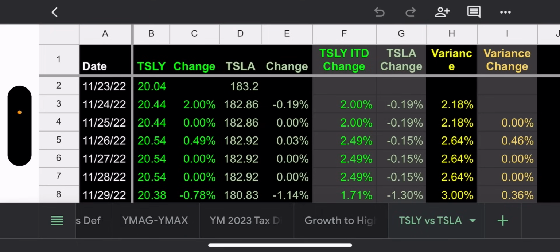And then what I'm tracking in column F is the Tesley inception to date change. So the change in price adding together from inception, and then the Tesla change from the same time period, adding each day on to the next. And then we have the variance between the two.